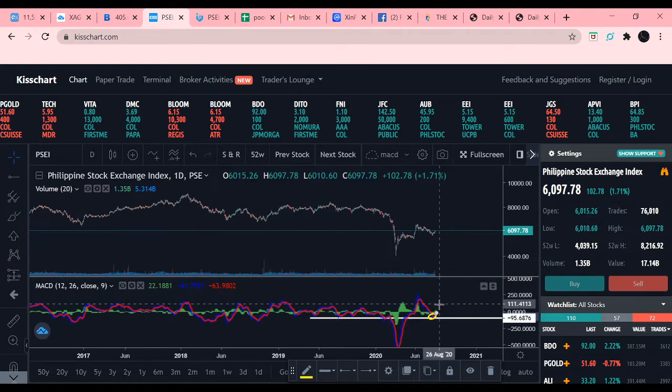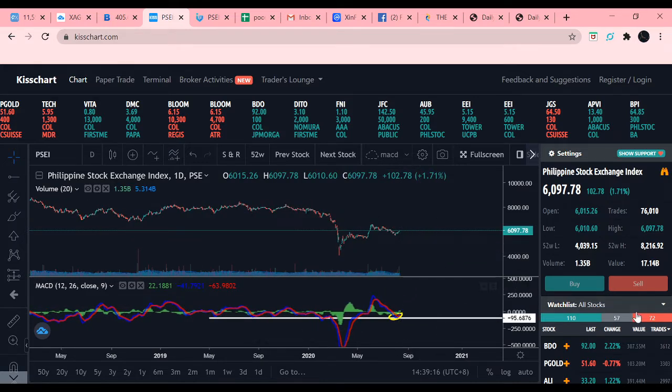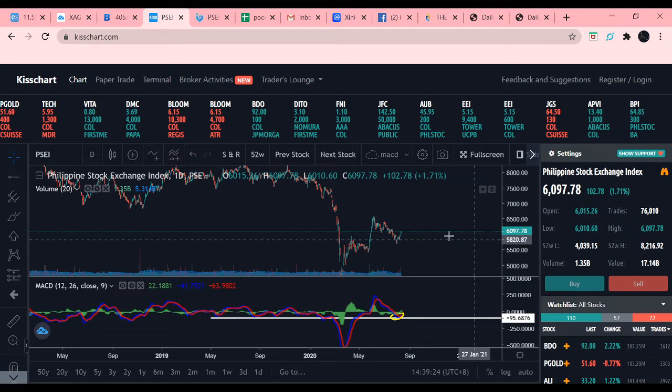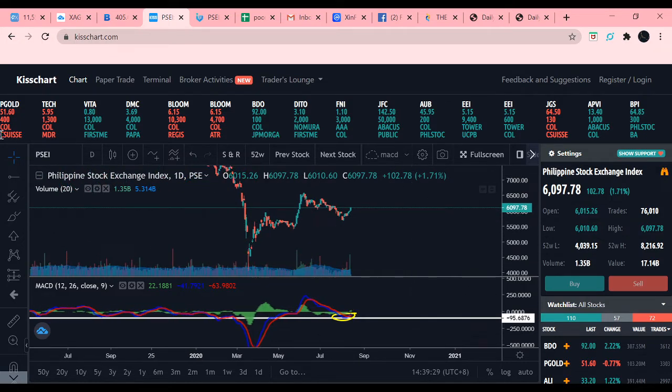So, actually, I'm expecting a bounce from here. Mga ilang days na din yun eh. I think, sabi ko nga, it will slowly recover and catch up to other global indices.